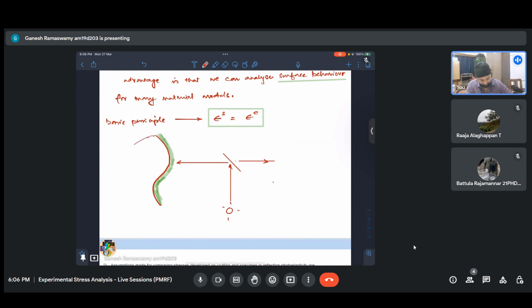Let us say this is the loaded specimen. Once the specimen is loaded, the surface strains are faithfully transmitted, so this will be developing fringes.